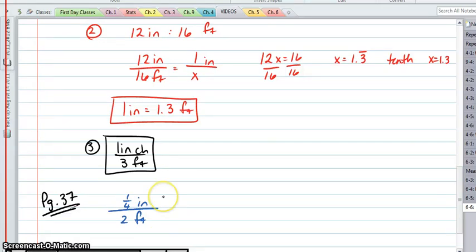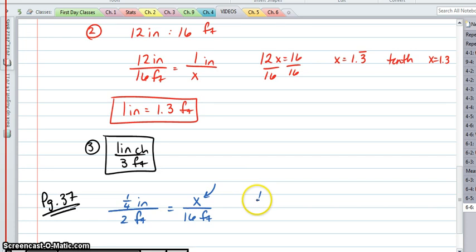So we can use this ratio. Number 1 with the lobby, they give us an actual length of 16 feet. So here, what we can do is use the scale that we were given, 1/4 of an inch to 2 feet, and set it equal to x over 16 feet. You don't have to worry about converting any of our numbers here because whatever we find is going to be in inches.